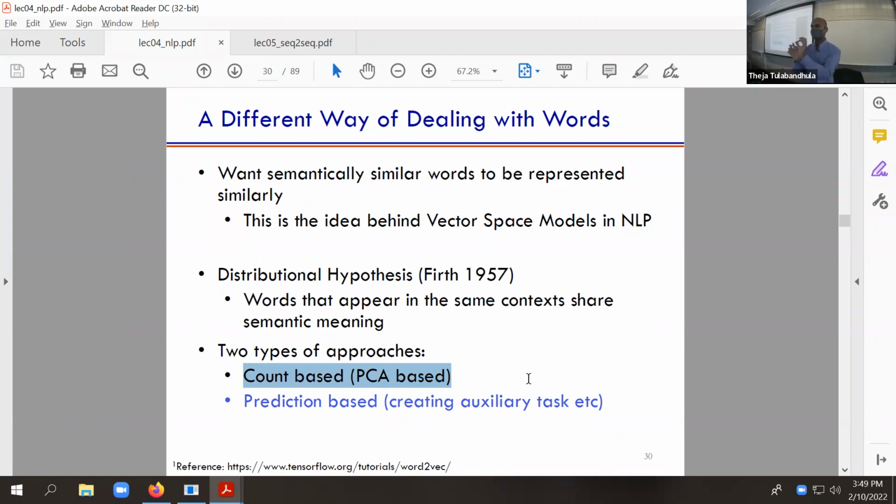That number in the matrix should say, for the words cat and dog, do they appear in similar contexts? Count based just means look at all your text, look at the word cat, which sentences did it appear in, and look at the word dog, which sentences did it appear in. Do those sentences look similar? If they look similar enough, then increment the count. If they don't, then keep it as is. That way you have counts where higher counts mean maybe those words appear in similar contexts.